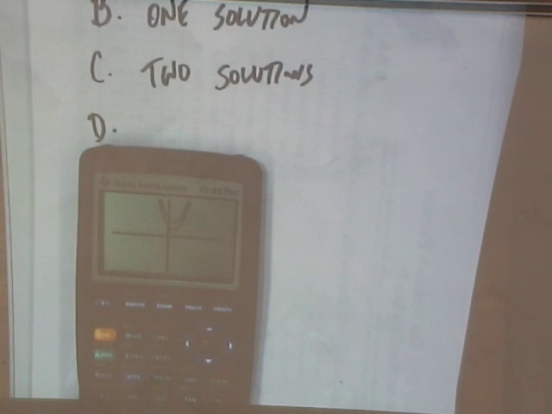Are you guessing? What can we do to kind of see more of this graph? It appears that they might be intersecting off of our window, right?